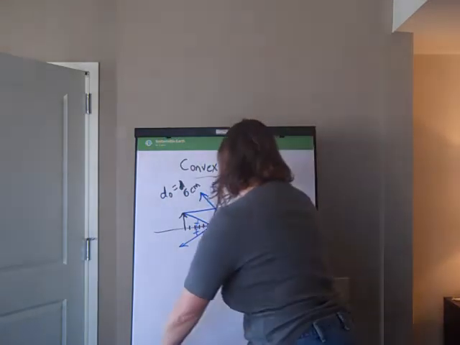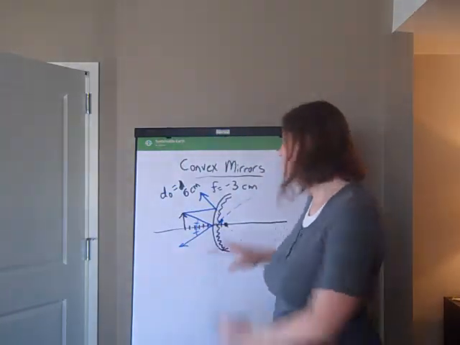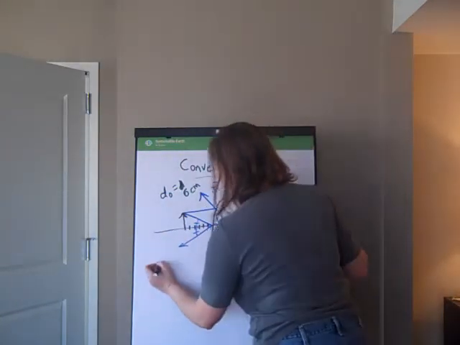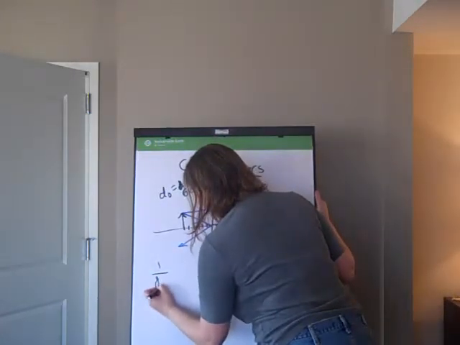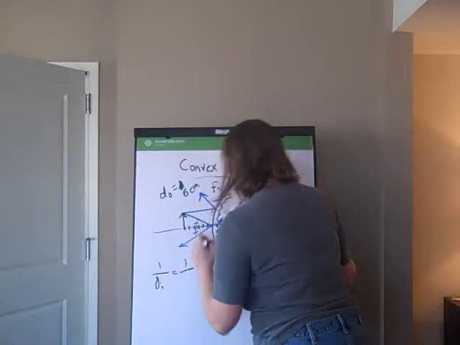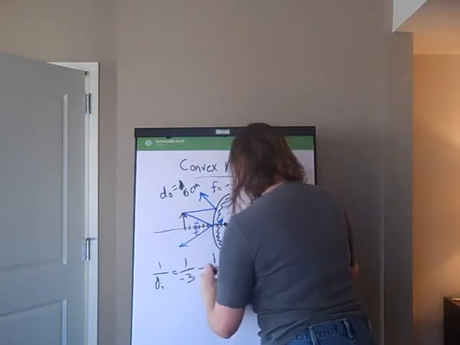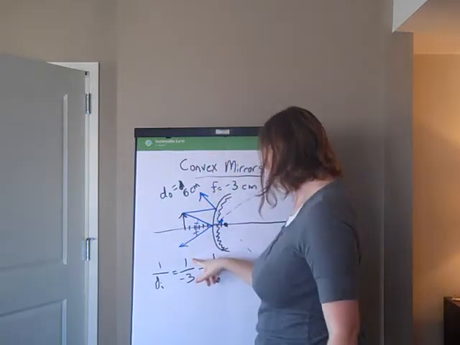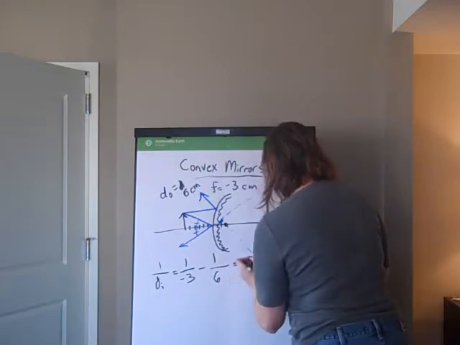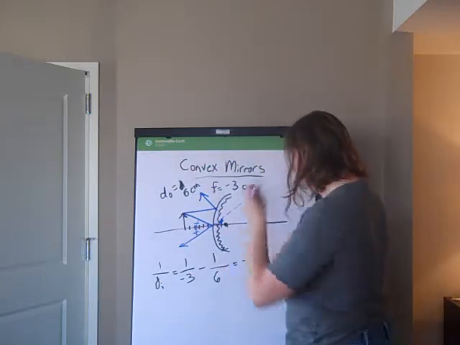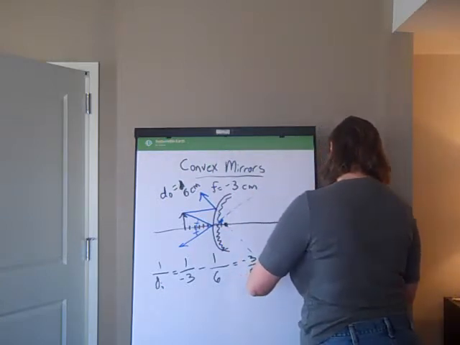And we'll do the math once again. The math for mirrors is exactly the same as the math for lenses. Exactly. So since I keep on using the same numbers, my life is really easy. 1 over the distance of the image is 1 over the focal length minus 1 over the distance, which is -2 over 6 minus 1 over 6, -3 over 6. -1 over 2, so di is negative 2 centimeters.